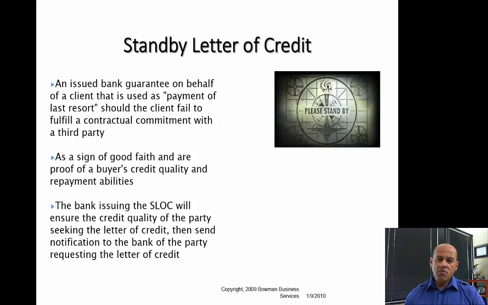If you don't pay within 90 days, then they can collect on the standby letter of credit. Well, let's say for some reason you don't pay within 90 days. Let's say you pay within 91 days. You could risk that seller collecting that standby on day 90 and you issuing payment on day 91.